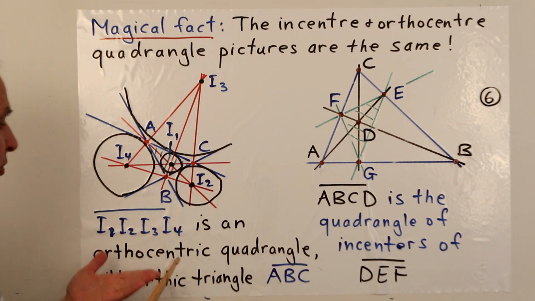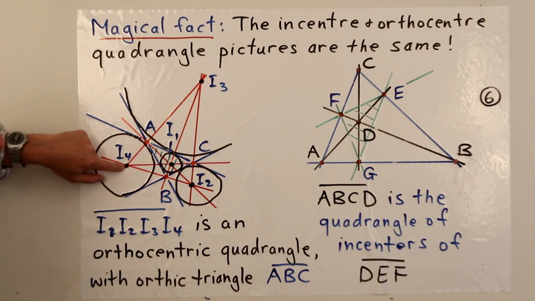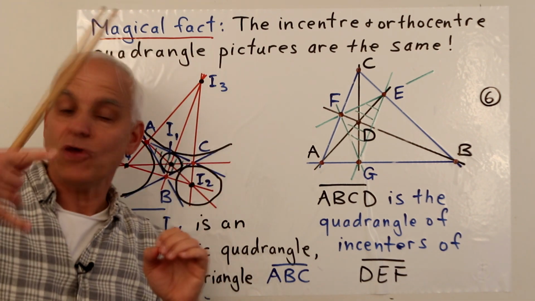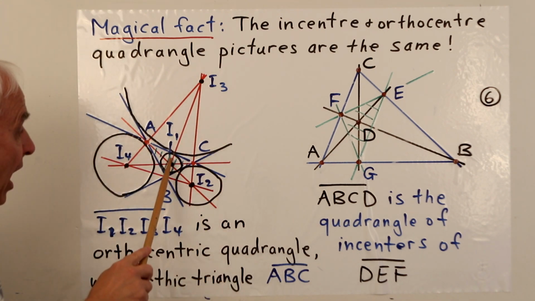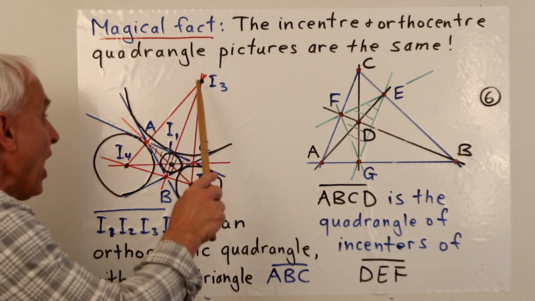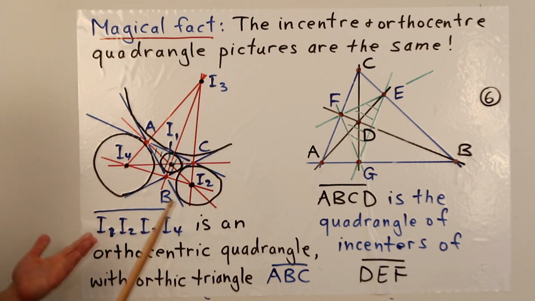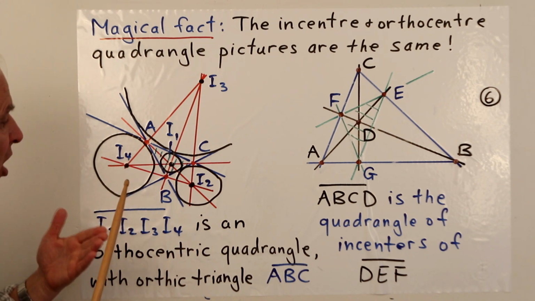So what makes it an orthocentric quadrangle? Well, any one of these incenters is actually the orthocenter of the triangle formed by the other 3 incenters. So for example, this I1 here is actually the orthocenter of the triangle I2, I3, I4. And that's kind of obvious because we know that these bylines are perpendicular.